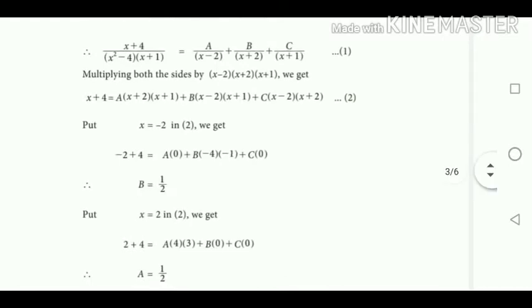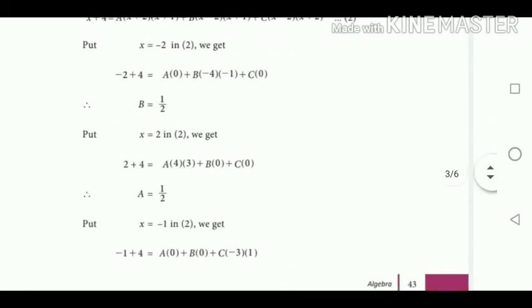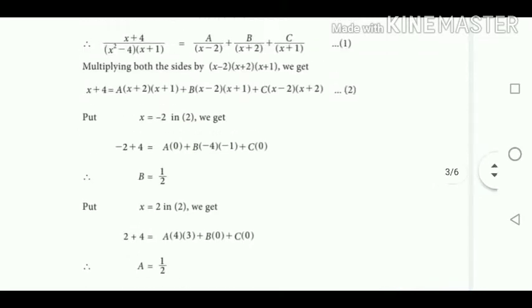Now after getting the value of b, the next factor is x plus 1. Then another one is x minus 2. So if you put x equal to 2 in equation 2, we are getting 2 plus 4 equals a into 4 plus 4 into 3, plus b and c become 0, because in b and c the term x minus 2 is there.